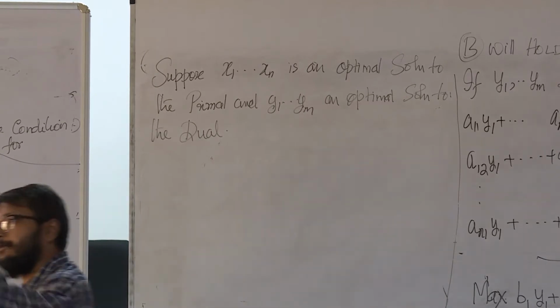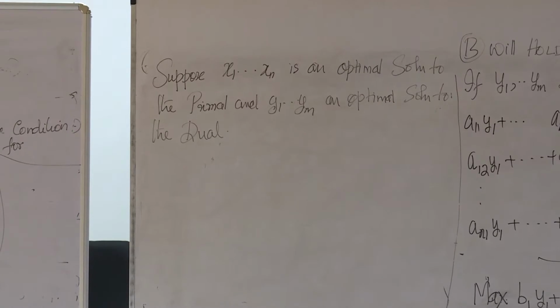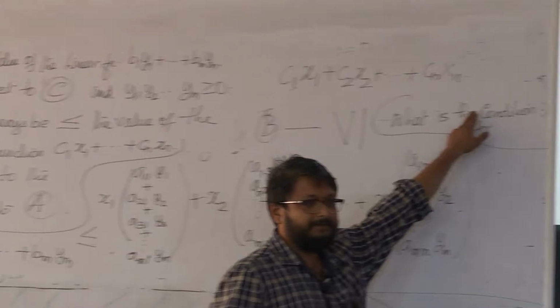I will finish in 10 minutes. So, suppose I look at an optimal solution for the primal and an optimal solution for the dual. In that case, what can I conclude? This value is equal to this value, right?